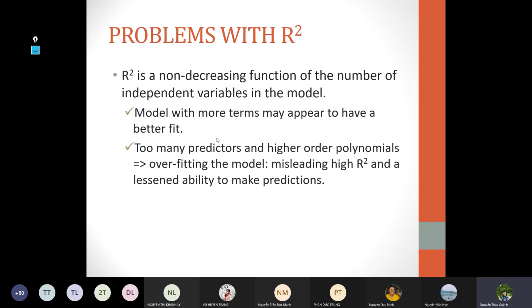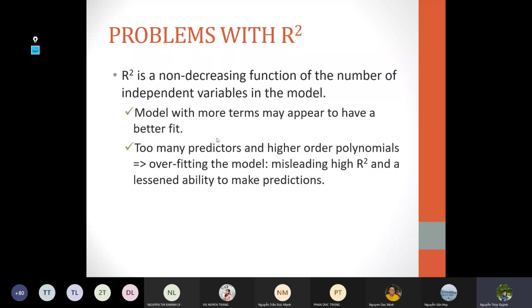It will stay unchanged if the estimated slope associated with the new independent variable is equal to 0. If the estimated slope associated with the new independent variable is different from 0, R square will definitely increase.